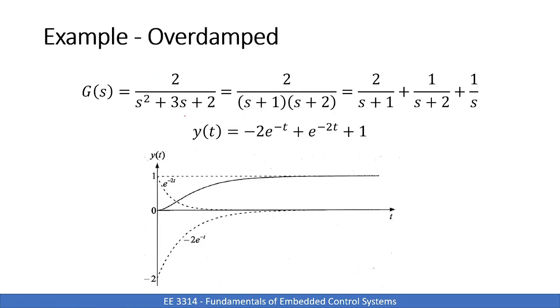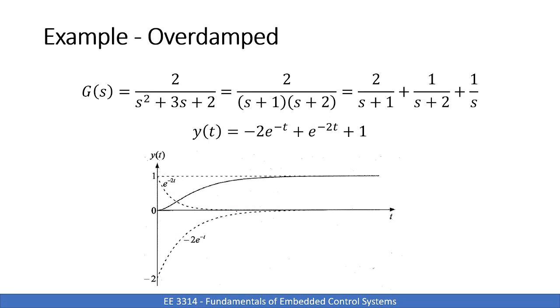For this particular equation, we can use partial fraction expansion, and we can find these values of tau, and then use that to form our time domain solution. You can see here, it's a combination of this minus 2 e to the minus t and this plus 1 e to the minus 2t.